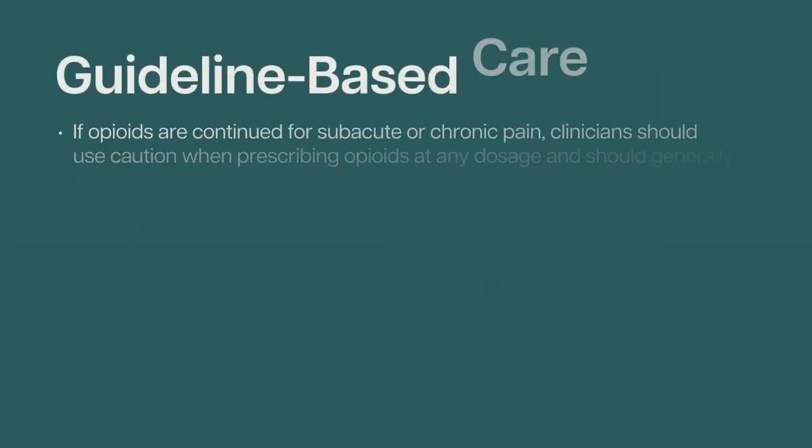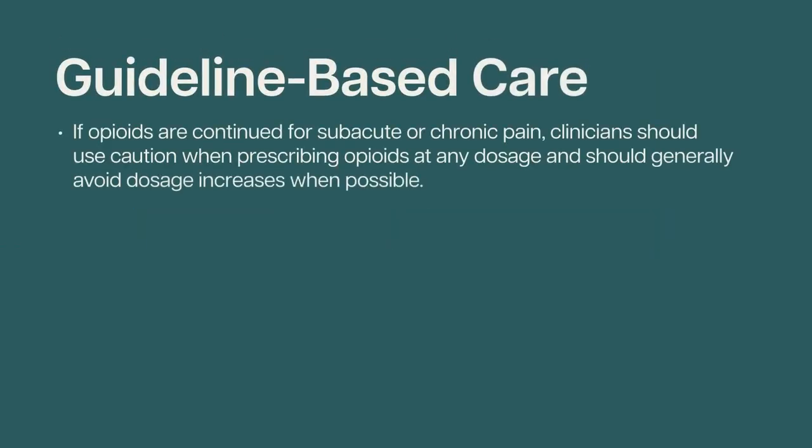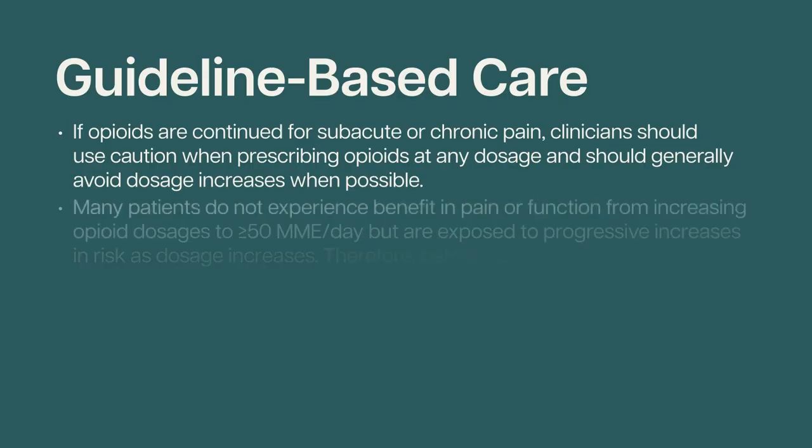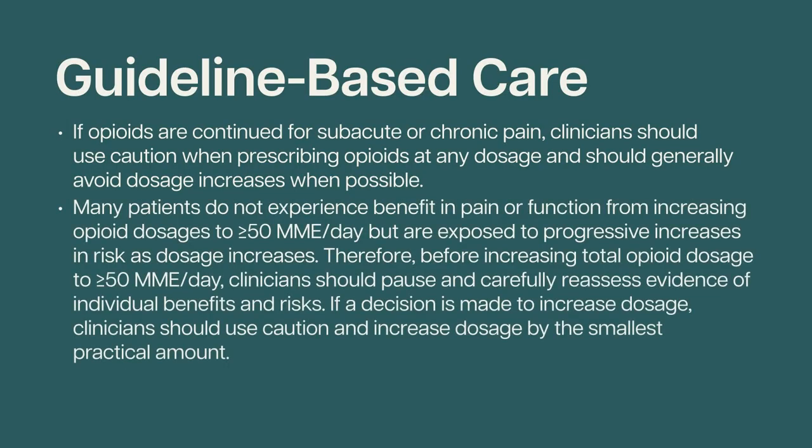For patients taking opioid pain medications for chronic pain, it's rare that increasing the dose will improve the patient's pain or alter their functional status. And in general, clinicians should avoid increasing the dose of opioids for chronic pain. Similarly, it's unlikely that morphine milligram equivalents of greater than 50 per day are going to offer any benefit to the patient's pain or functional status.